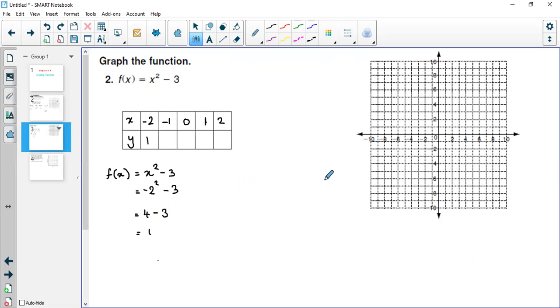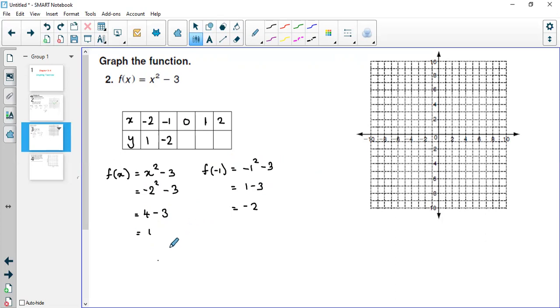In the same manner, we will complete the rest of the values as well. So the next one is going to be f of negative 1. Negative 1 squared minus 3, which means 1 minus 3, which would give us a negative 2. So f of negative 1 is negative 2.